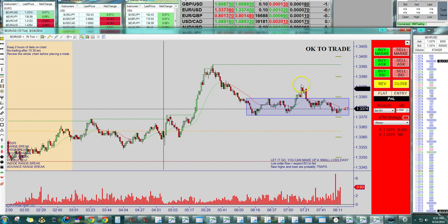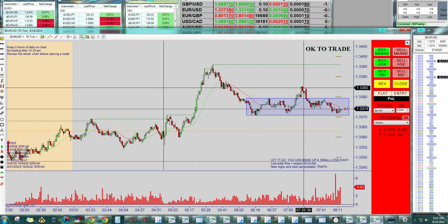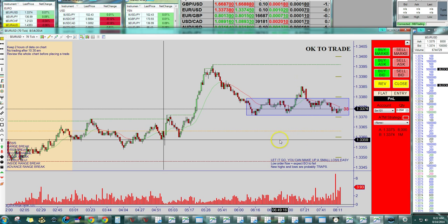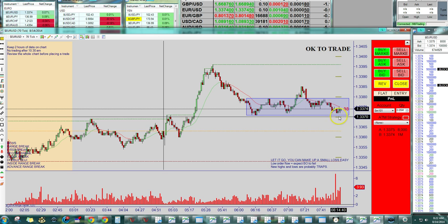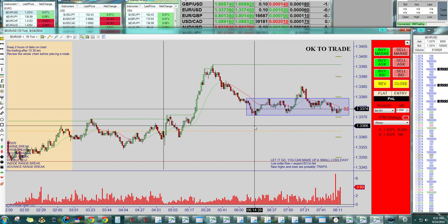Be a little bit wary because of this resistance right here, but being that it's a change from the European market to the US market, then we should be okay there. I'll definitely be taking this to the downside if it happens to be some good data that sends the euro down. So that's kind of what I'm going to look at there.